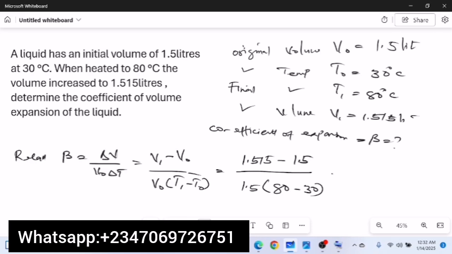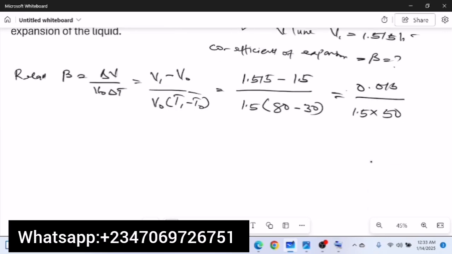So this is going to be equal to 1.515 minus 1.5. That simply gives us 0.015 all over 1.5 multiplied by 80 minus 30. That gives us 50.